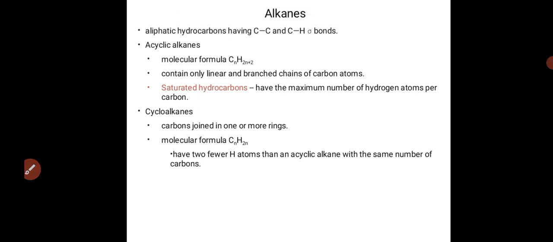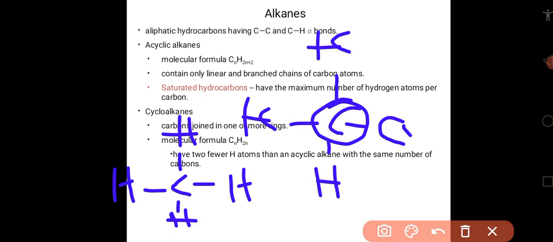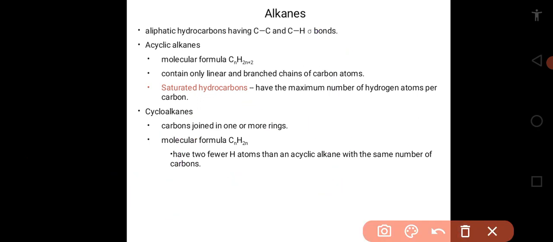Then the next thing is cycloalkanes. After alkanes, you also have cycloalkanes. The cycloalkanes are carbons joined in one or more rings. So they usually form a ring, something like this.